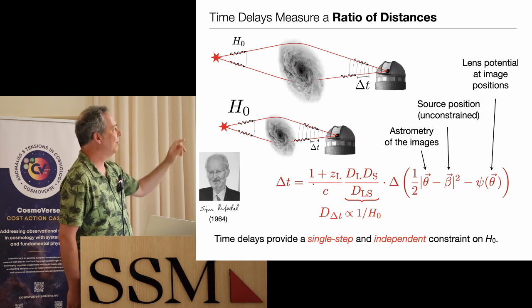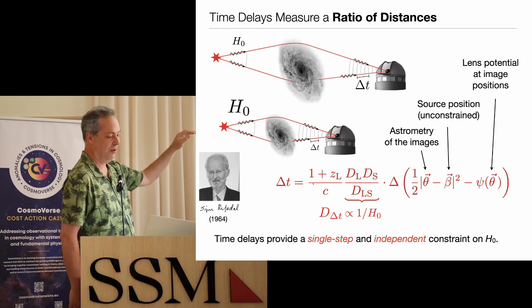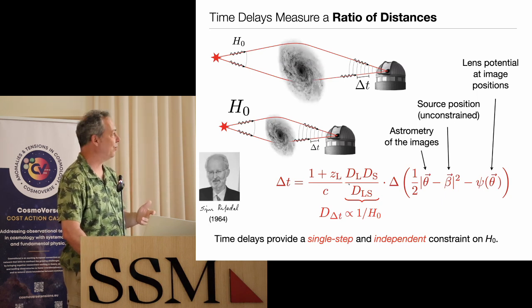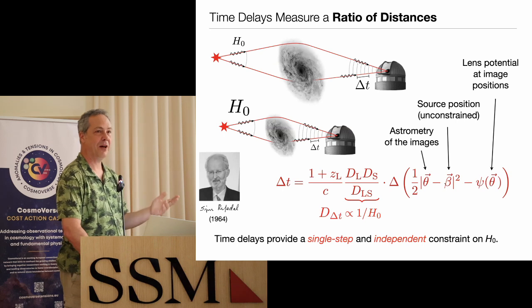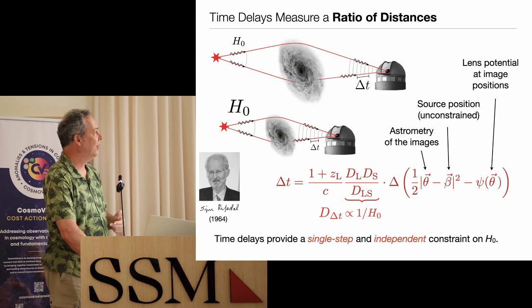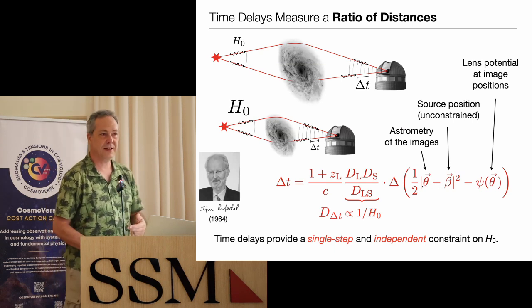So how does it work? The time delay depends on the redshift of the lensing galaxy that we can measure. It's hard, but you can do it. It depends on the source position that you don't have. It's a free parameter because you never see the source position. It's lensed. You cannot unlens the quasar. It depends on the lensed images.